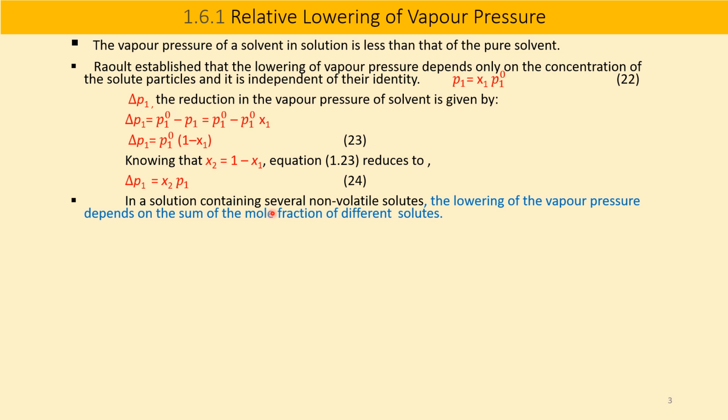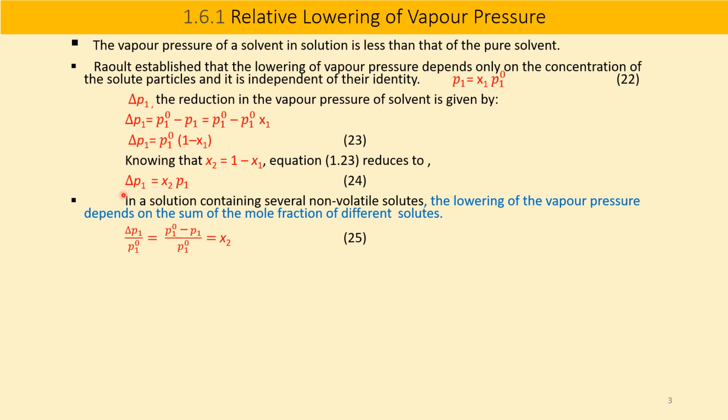In a solution containing several non-volatile solutes, the lowering of vapor pressure depends on the sum of mole fractions of the different solutes. Now again consider the equation delta P1 = P1 naught minus P1. Divide both left hand side and right hand side by P1 naught.